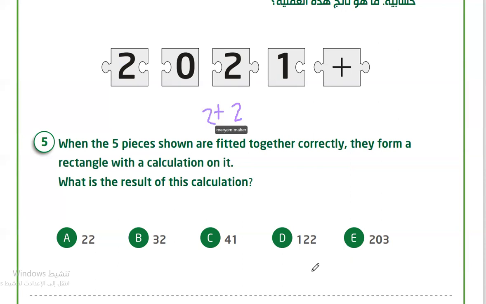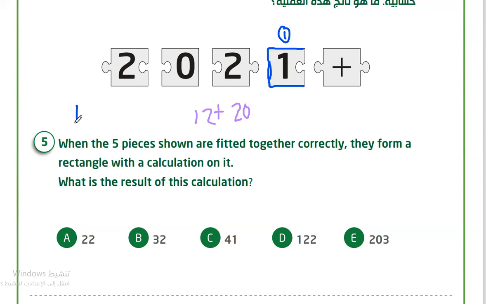Mariam, I want to help you here. You must know about the corner here. Look at this side. Now you put it in number 1.